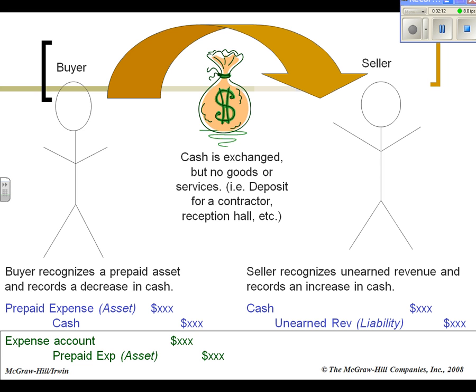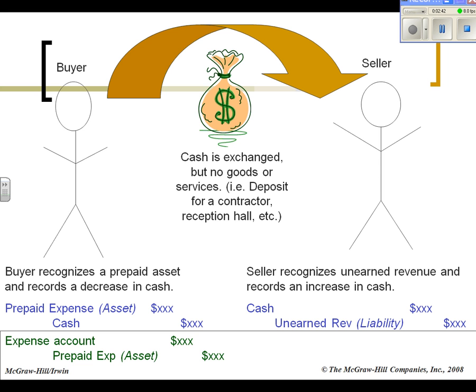The landlord requests a year in advance rent. So the buyer, the bagel shop owner, will pay the seller, the landlord, the rent for a full year. When the bagel shop owner does this, they're going to record a prepaid expense, prepaid rent. That's an asset. And then record the cash going out of the business.